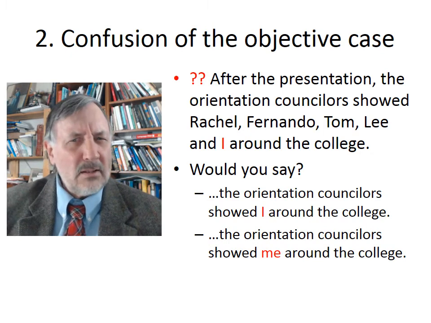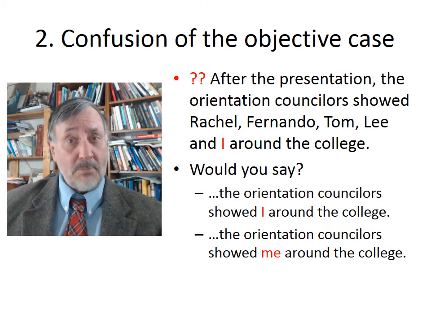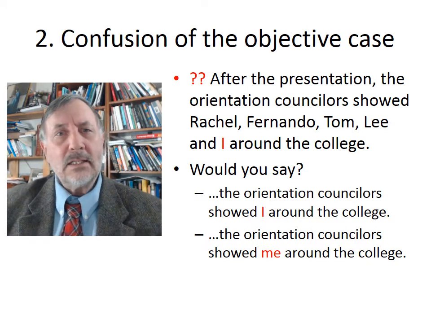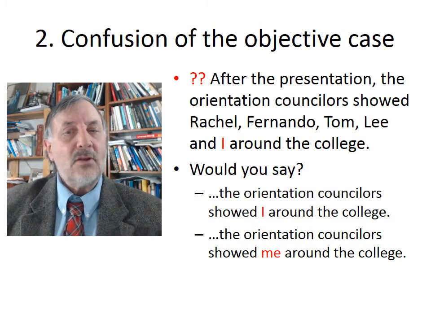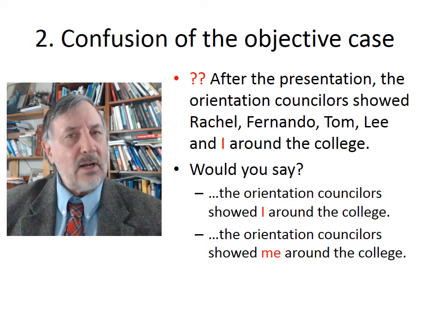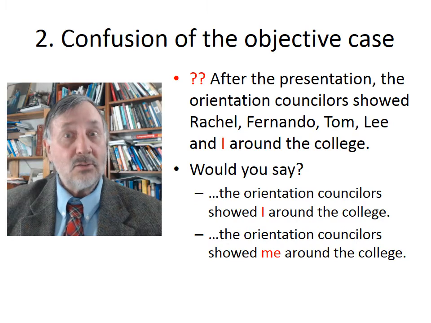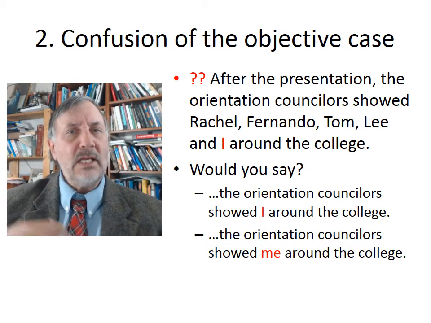Is that correct? Well, again, using the drop test, we can isolate the pronoun and test it. Would you say "the orientation counselors showed I around the college," or "the orientation counselors showed me around the college"? Well, I hope that you say they showed me around the college.